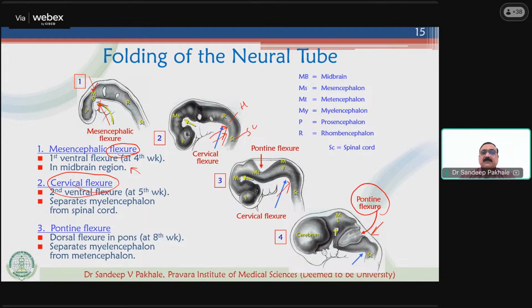This pontine flexure is particularly important because it causes opening out of the hindbrain, leading to formation of the rhomboid shaped fourth ventricle and rearrangement of the alar and basal plates. So overall, these flexures not only change the shape of the brain, but also influence its internal organization and ventricular anatomy.